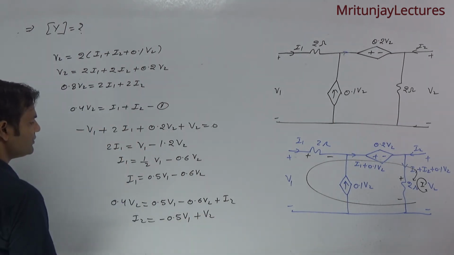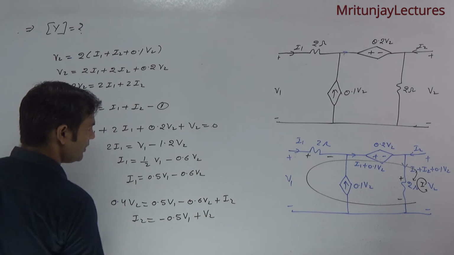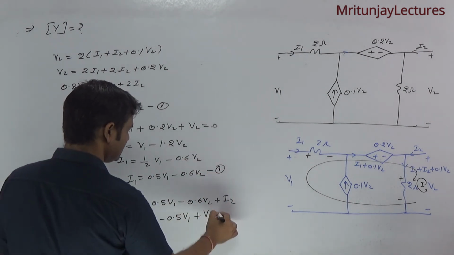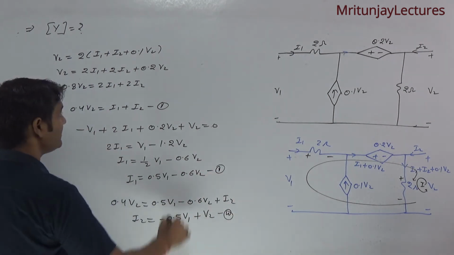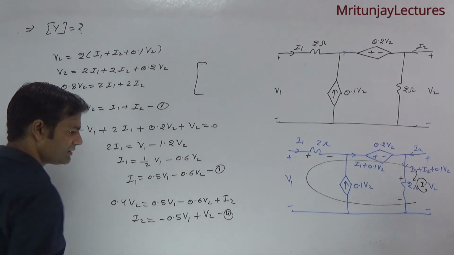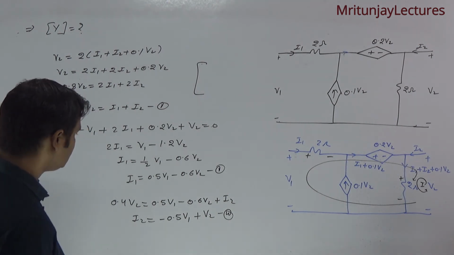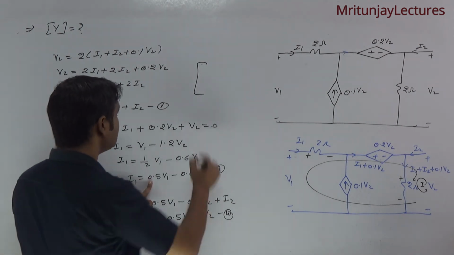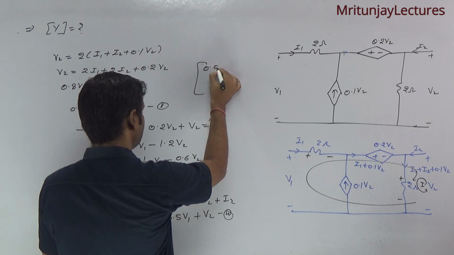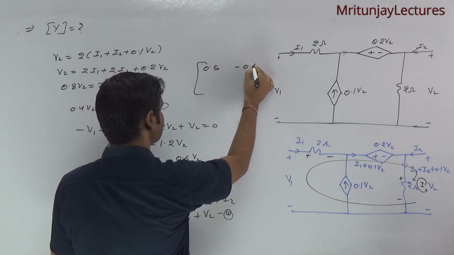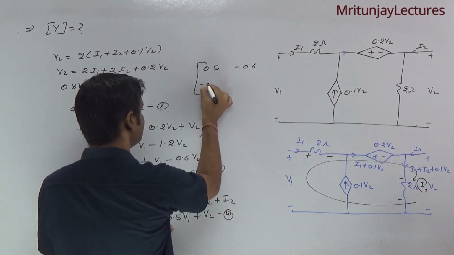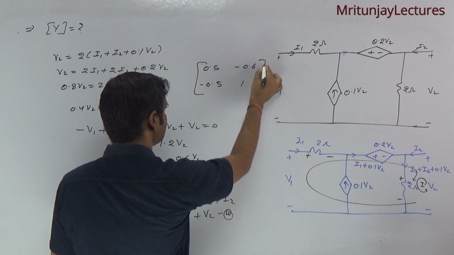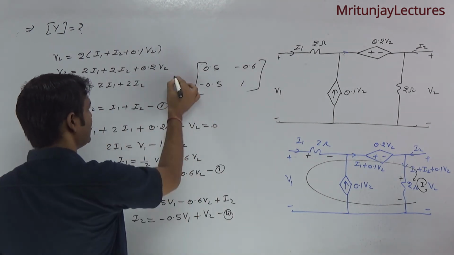Okay, that is equation number 1 and that is equation number 2. Our motto, y parameter. So y parameter is, first one 0.5 and that is 0.6 and that is minus 0.5 and that is 1. That is y parameter, make it.